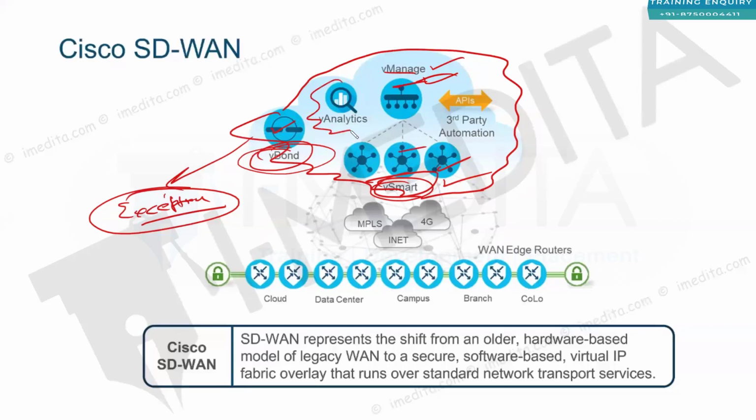Now vAnalytics, I'm giving you a brief introduction of vAnalytics. It is a SaaS-based, software as a service, offering provided by Cisco. vAnalytics simply performs the work of generating reports.